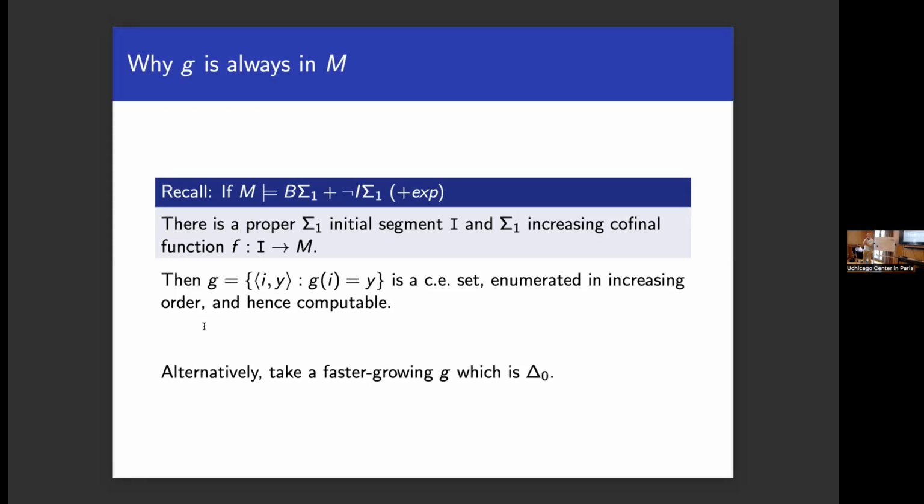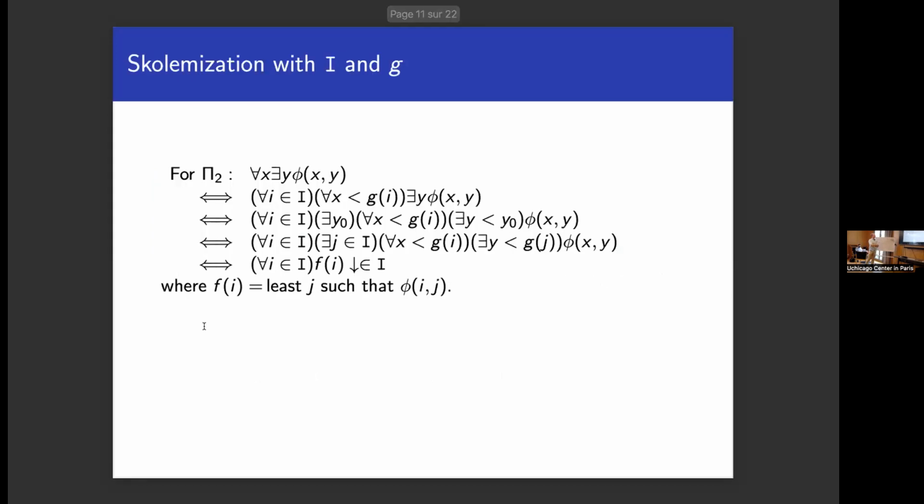So that's good. It means we can talk about g as if it were in the model, because it is. And we can put g, or the diagram of g, into our formula with no cost in terms of quantifier. So here is a first example of how you might start Skolemizing a two-quantifier formula, while using this proper cut.